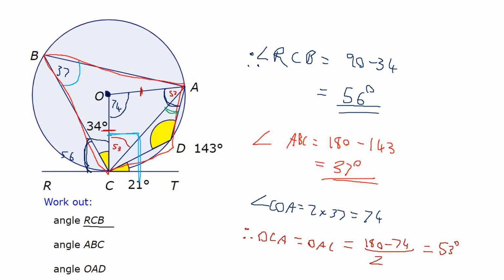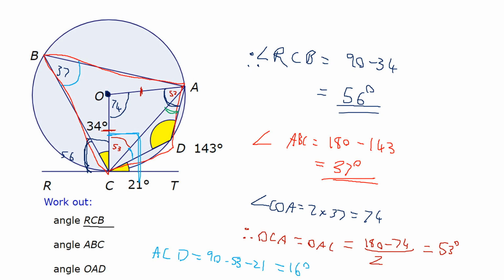So therefore, ACD is just going to be 90 minus 53 minus 21. Yeah? To get that angle there. Because we know this is 21, we know this is 53. And it has to be a right angle because it's a radius touching a tangent. So therefore, it's equal to 16 degrees.